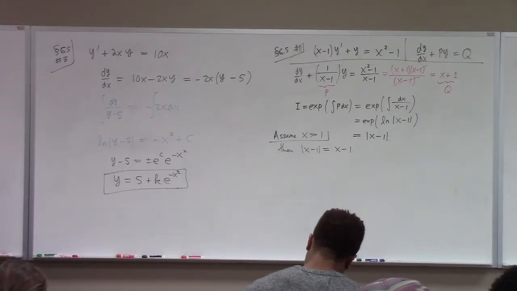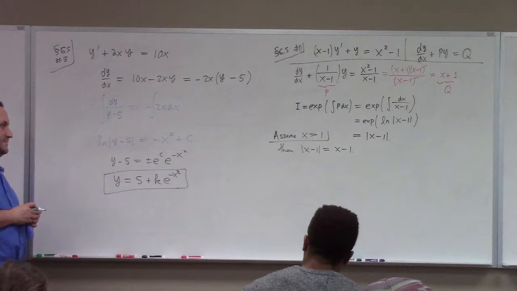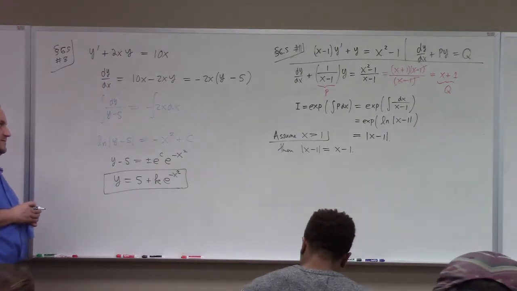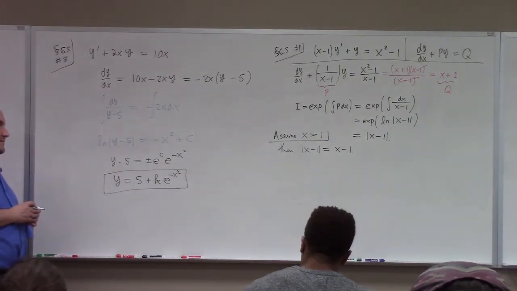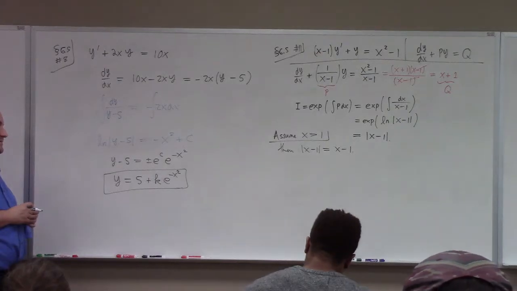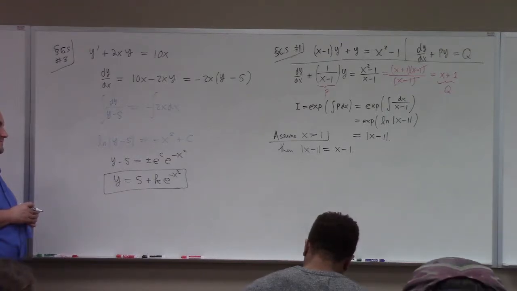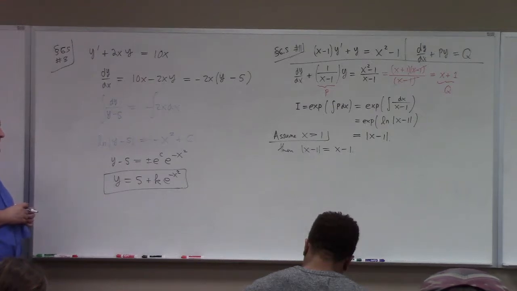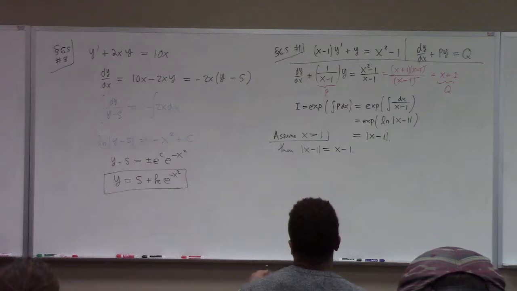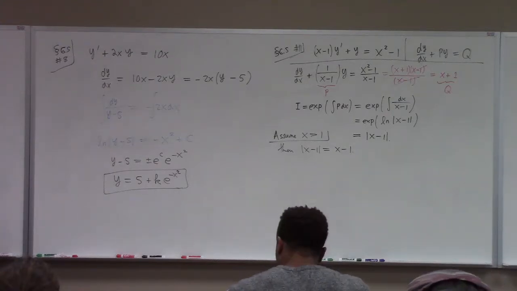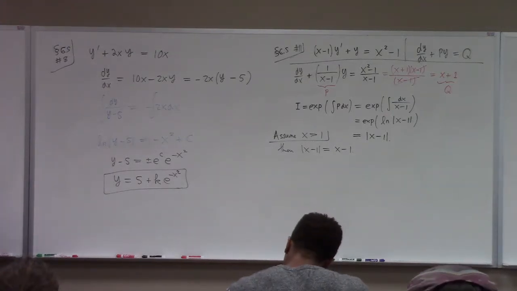Although if you think about it, I don't really need to do that. The absolute value of x minus 1 is plus or minus x minus 1. So if you multiply the differential equation by plus or minus x minus 1, either the plus or the minus is going to accomplish the same.